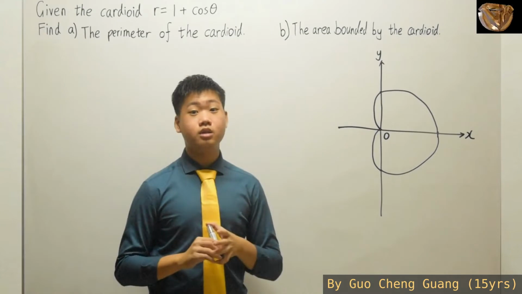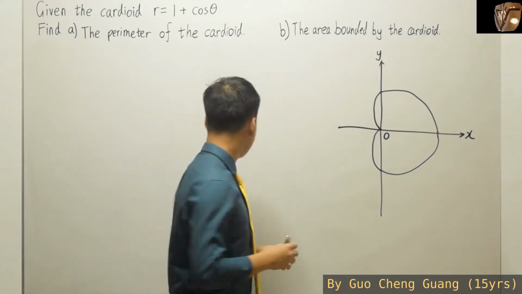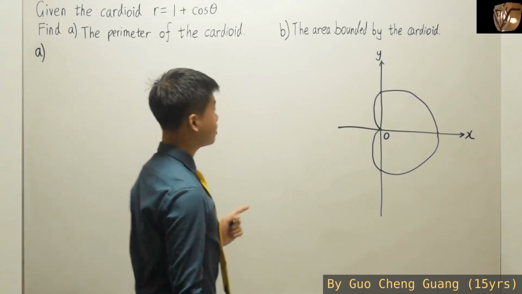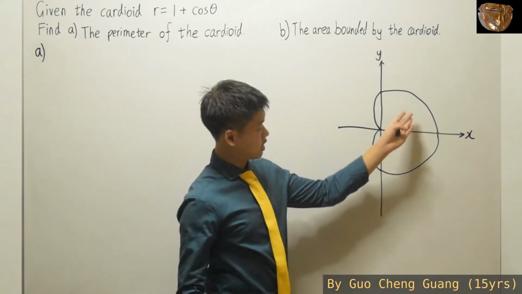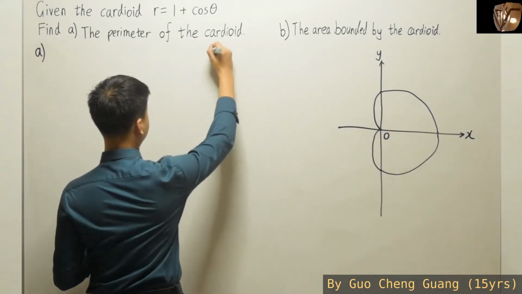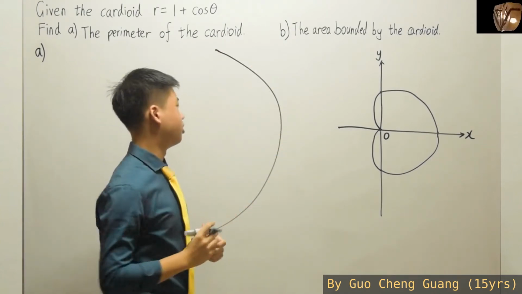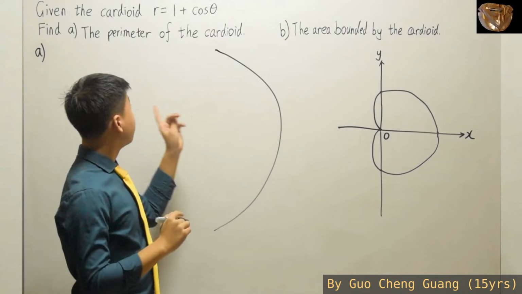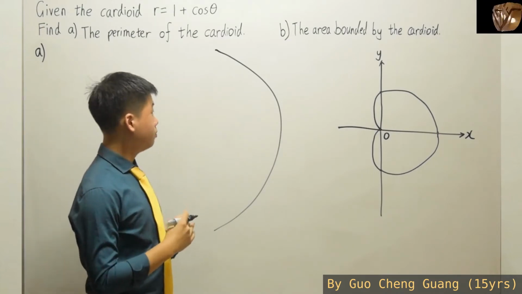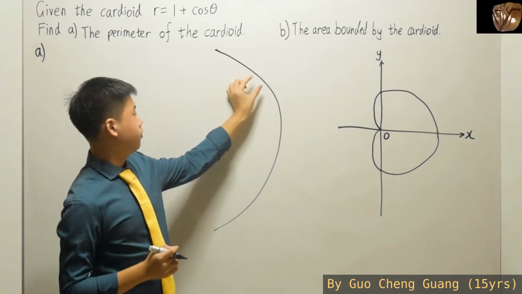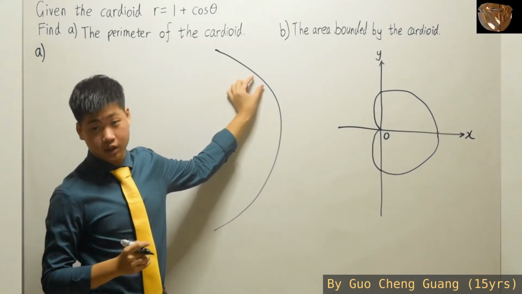How do we find its perimeter? First things first, let's take for example this line over here. Of course this is more of an exaggeration, but in order to find a perimeter, you would need to know how long this section over here is.